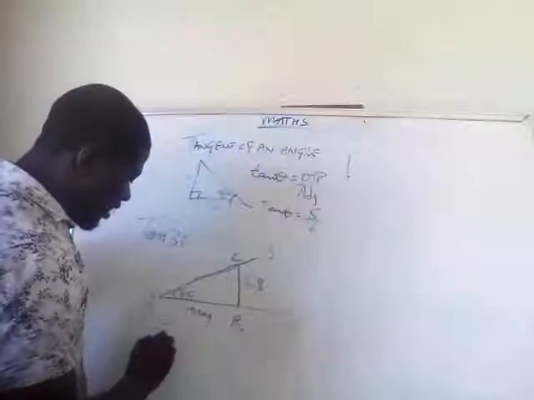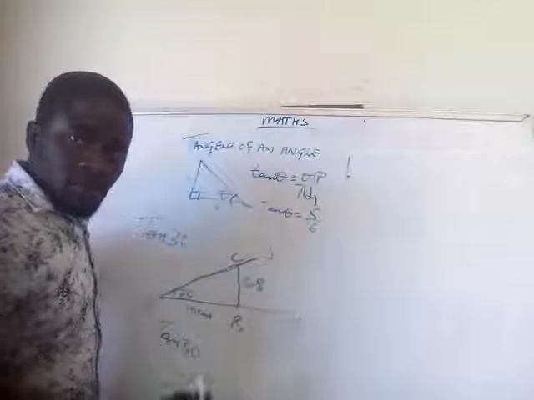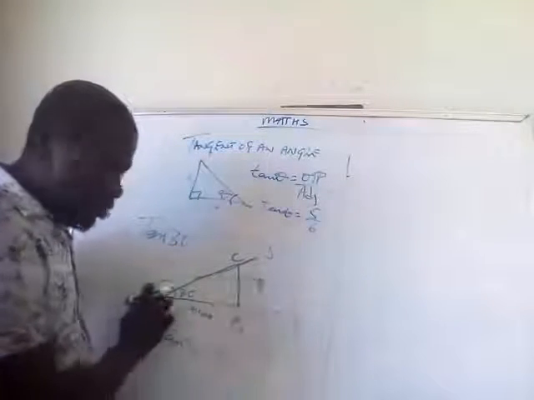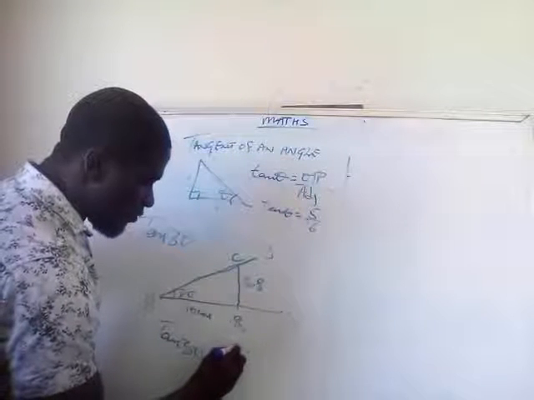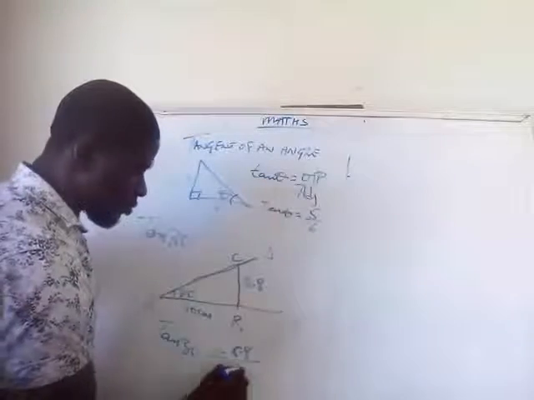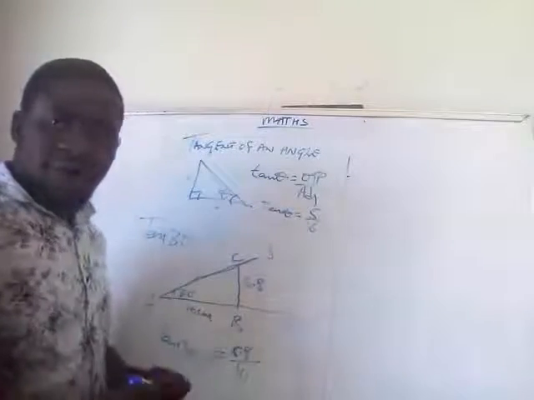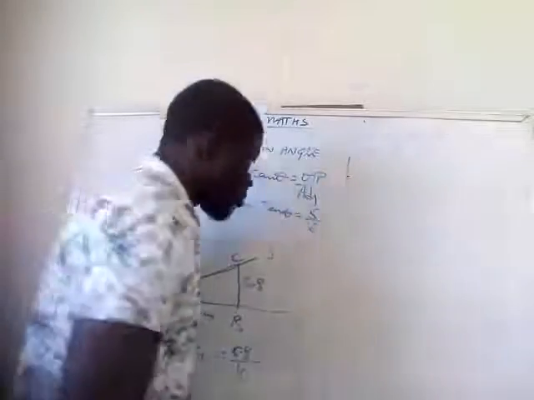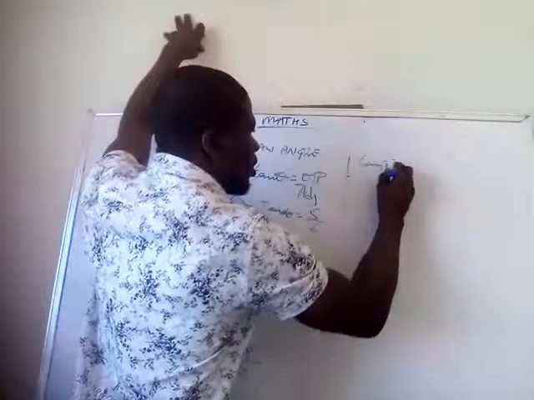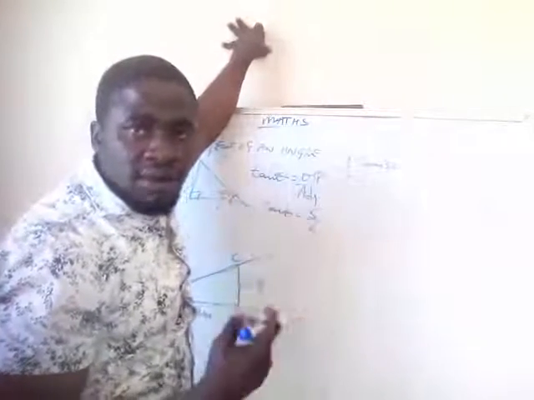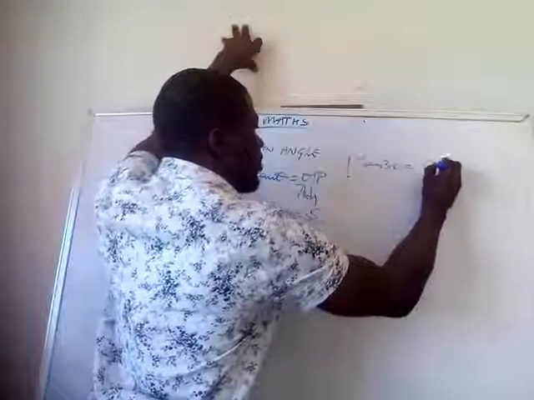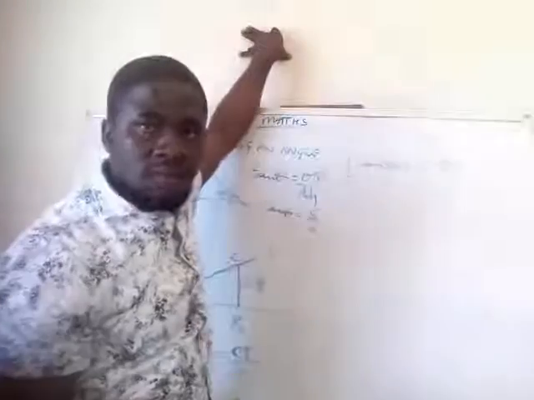So tan 30, it's no longer tan theta, is equal to our opposite, which is what is facing the angle, 5.8, remember it's opposite over adjacent, all over 10. So 5.8 divided by 10 will give us 0.58.